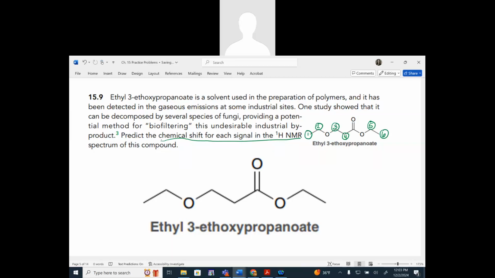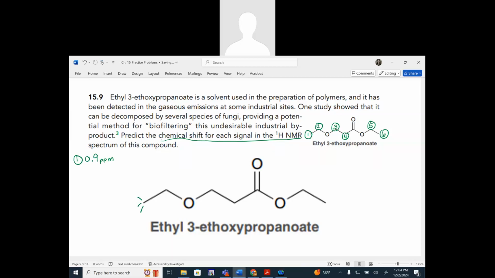So let's work through. We'll start with our first signal. Again, 1, 2, 3, these methyl protons over here. We'll number them, number 1, and we begin with a 0.9 ppm shift for methyl protons.